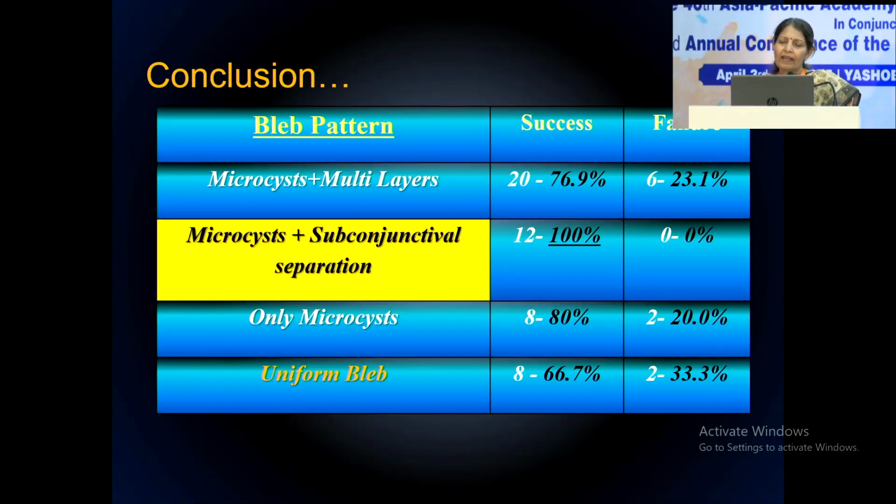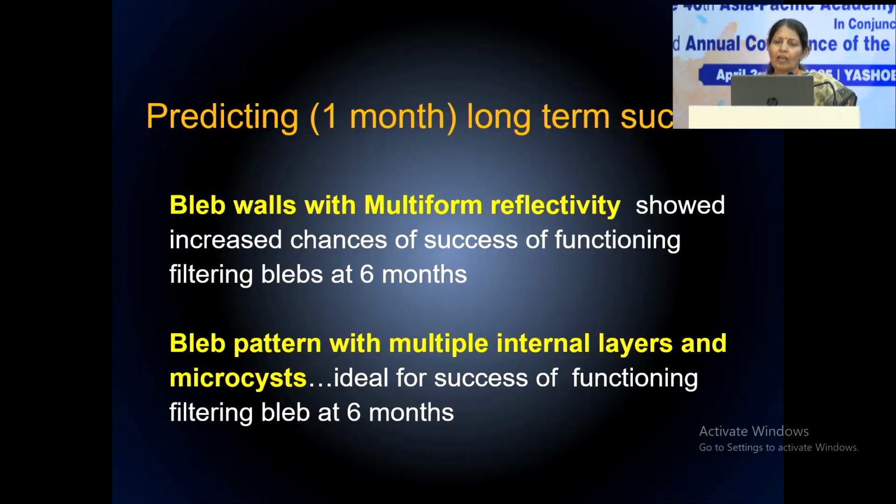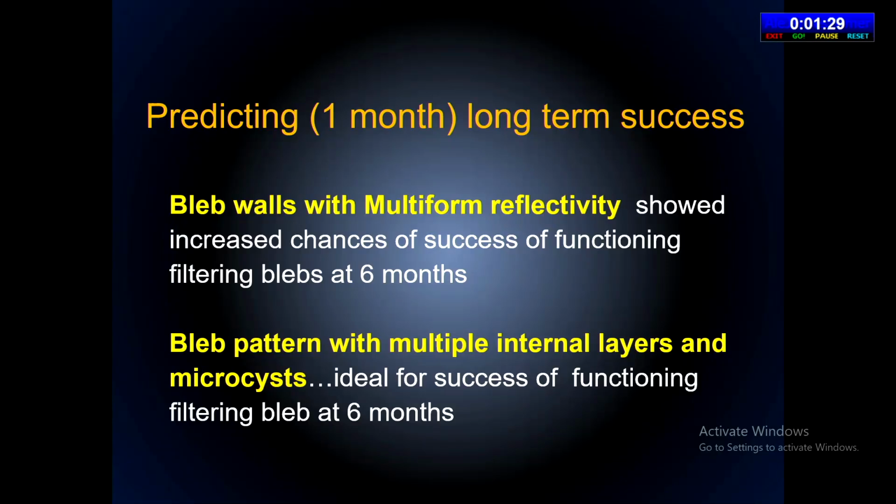At the end of our study, we concluded that various patterns were seen: microcyst with multiple layers, microcyst with subconjunctival separation, only microcyst, and uniform bleb. The uniform bleb has more risk of failure, and 100% success was seen with the microcyst and subconjunctival separation. So we can predict long-term success at 1 month by doing this test.